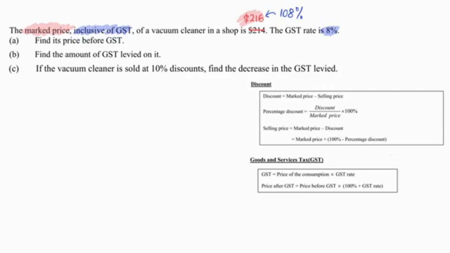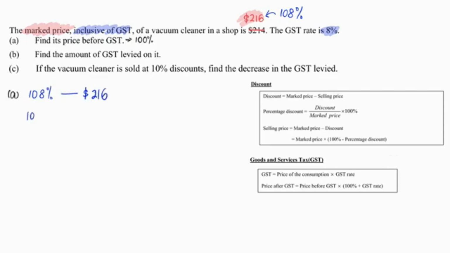So to solve for part A, find the price before GST, meaning we are required to find what is the price at 100%. So 108% represents 216.